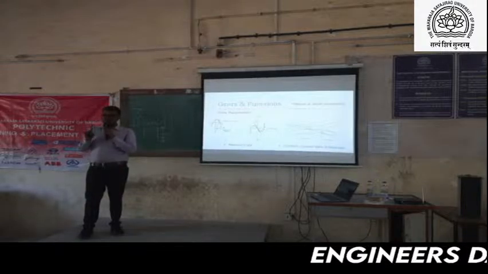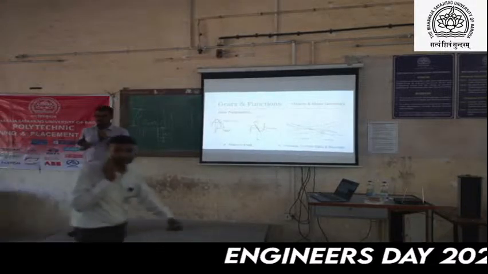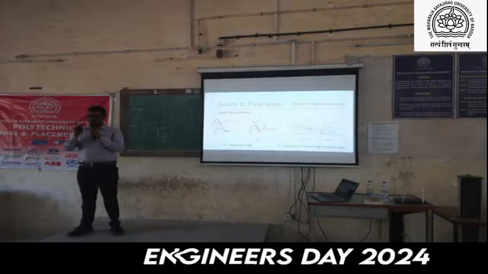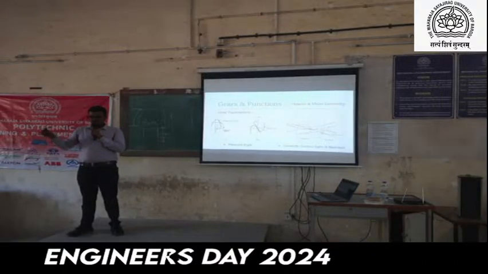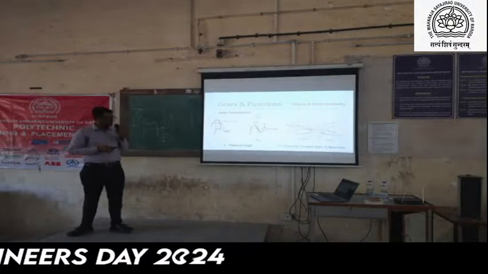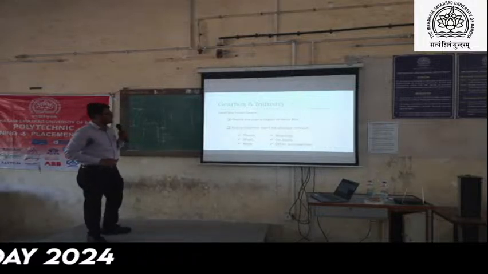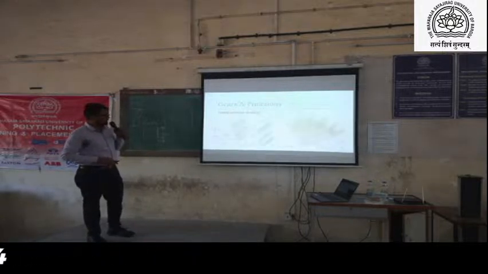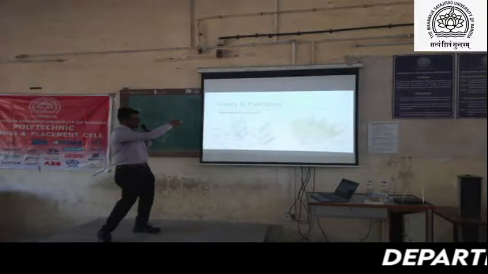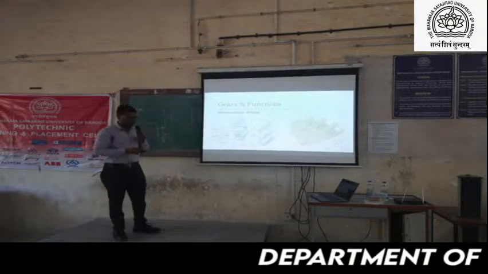Omega, what does omega mean? Angular velocity. So omega 1 should be equal to omega 2. If you see this pressure angle nomenclature, the opposite gear will be made up here.